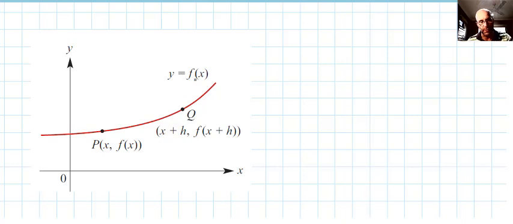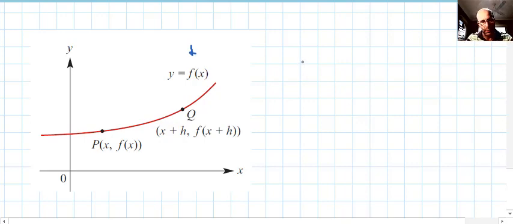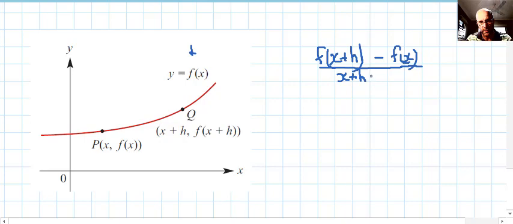So now this is important, we're going to define the derivative. So we have some general curve here we're going to call y equals f of x, and the gradient of the secant for this one would be f of x plus h minus f of x. This is the same process, right? X plus h minus x, where we can simplify the denominator there.